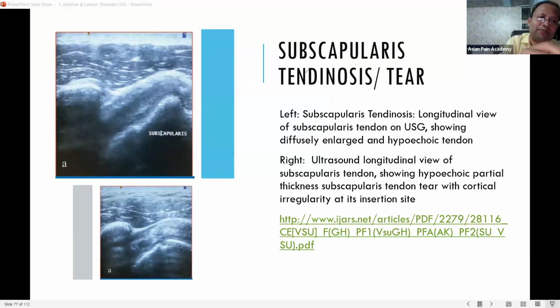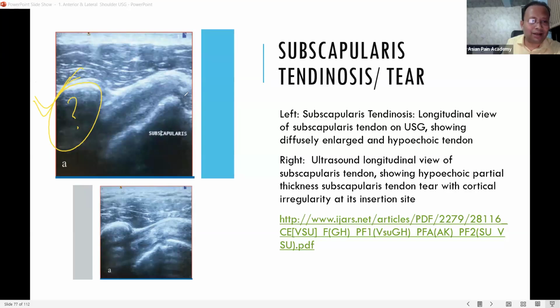So can anyone say what is this picture, which axis, and what we are seeing? Long axis or short axis? What is this structure? Anyone can answer? What is this?